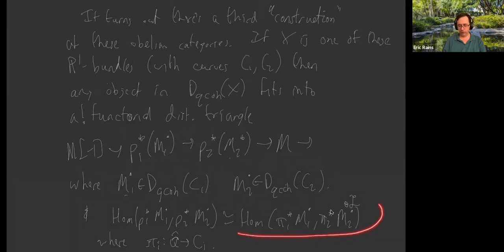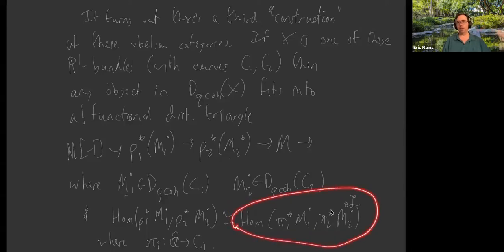And if you look at this, you see that this is essentially the same data that shows up in going from Higgs bundles to sheaves, where the only difference is that in the Higgs relaxation, pi 1 and pi 2 are the same.